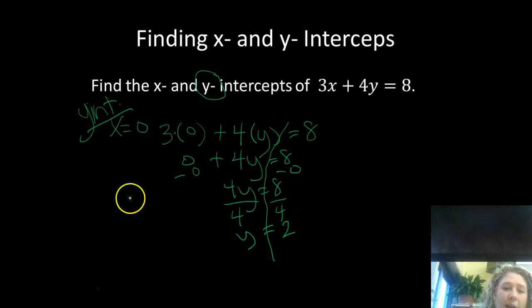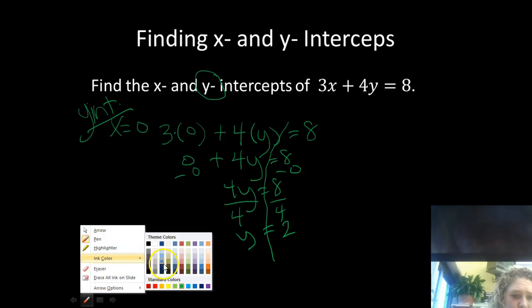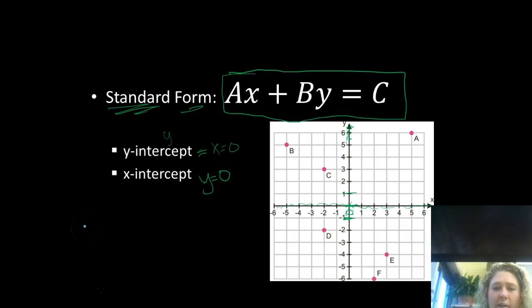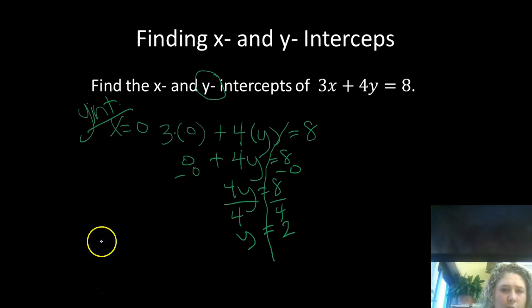Now, let's go back and find here my x-intercept. So for the x-intercept, we go back to my graph again. Where it crosses the x-axis, what's the value? Well, y is 0 here. So plug in 0 for your y.